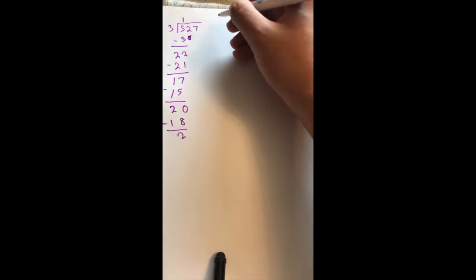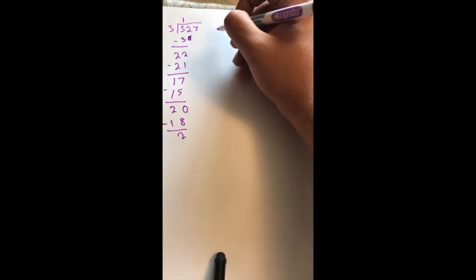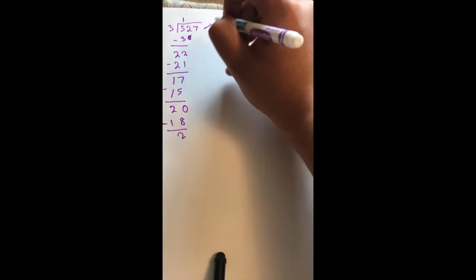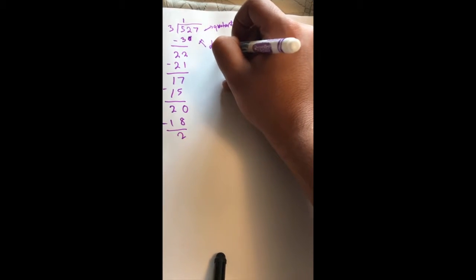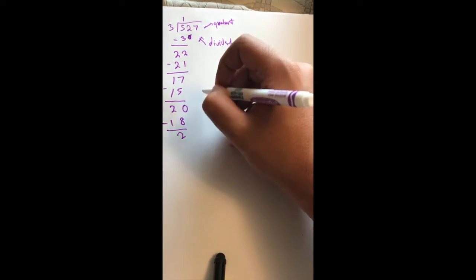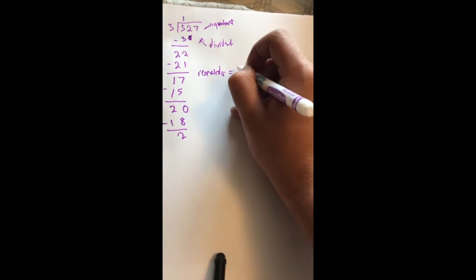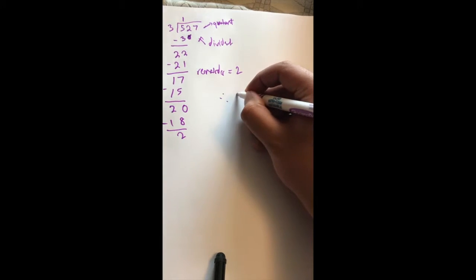Alright, so now we are left with only 2. As you can tell, I'm labeling the different parts of our division statement right now. 175 is our quotient.